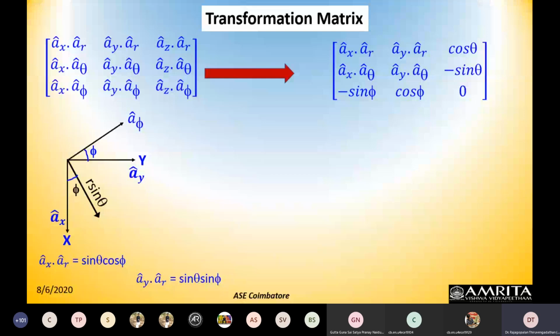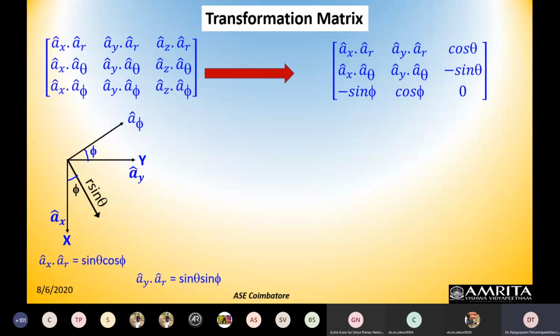Again, I have to take the projection of this on the xy plane. To do that, I have to pull out this relationship. It becomes cos theta because these are mutually perpendicular directions. If you imagine the xy plane, this is theta, this is 90 minus theta, then this is going to be theta, which means in the xy plane, the a theta direction is going to have the cosine of theta as its component.